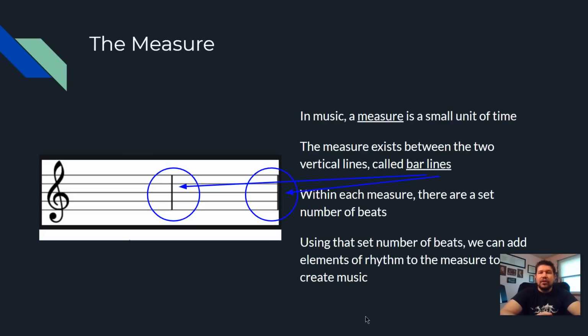So the bar lines are functioning like those spaces inside your books. They're helping us to see the measures and perform them a little bit more clearly. So within each measure, there are a set number of beats. And using that number of beats, we can add elements of rhythm to the measure in order to create music.